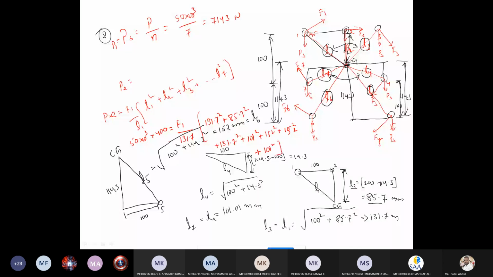Now substitute the values in the calculator and get the F1 value in terms of newtons. Get the value of F1.